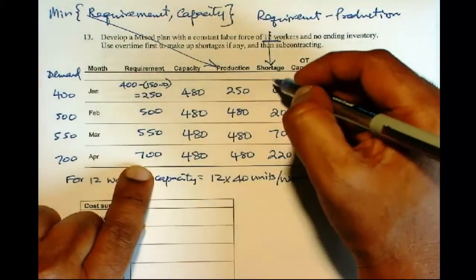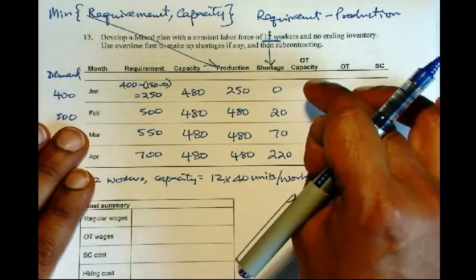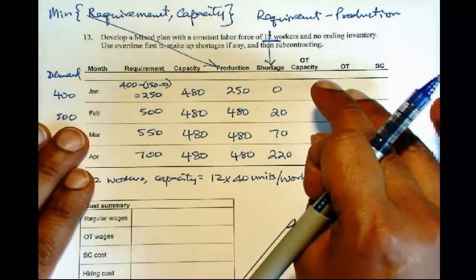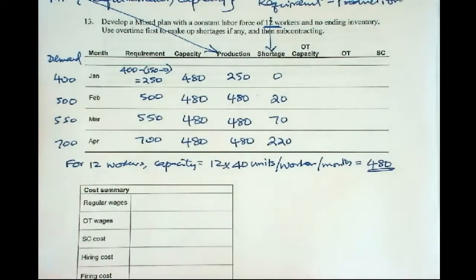Now these are the shortages. Now we have to use overtime first. Then if we still have shortage, then we have to make that up using subcontracting.